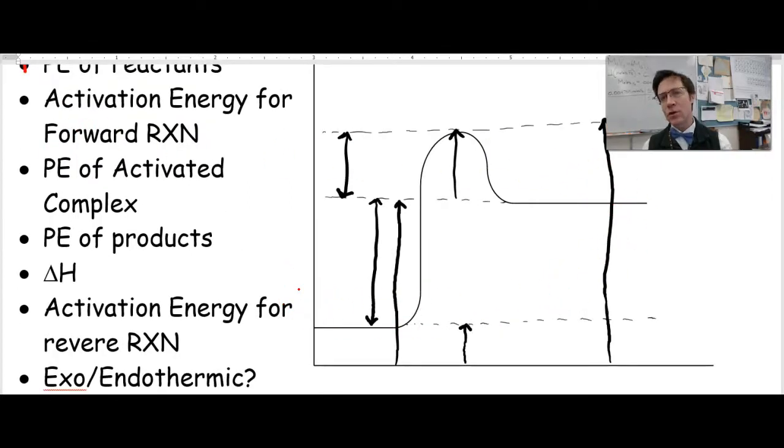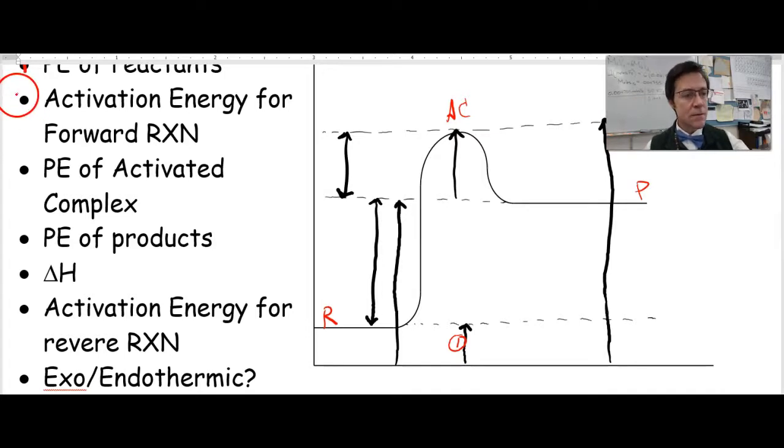Well, first we got to find out where the reactants live. Remember, reactants are always here. Activated complex is always here. Products are always here. So any line that goes from the bottom all the way up to here. That one right there. Right? See how that arrow represents the energy, like how high up on the scale are the reactants right there.